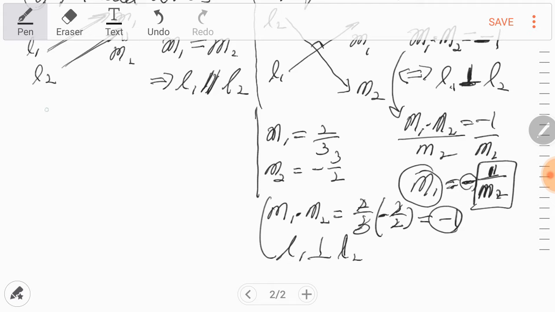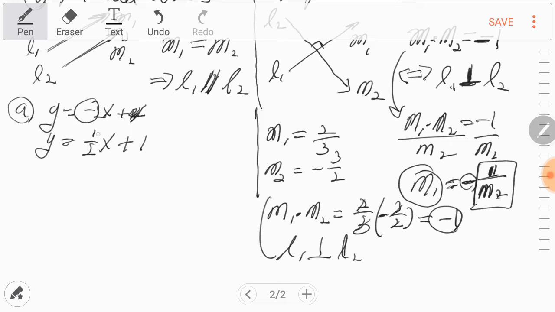Okay, let's do an example. Example 6. Here there are two linear equations for line 1 and line 2, the second being y equals 1/2 x plus 1. Let's check if these two lines are perpendicular, parallel, or neither. We can compare the slopes.